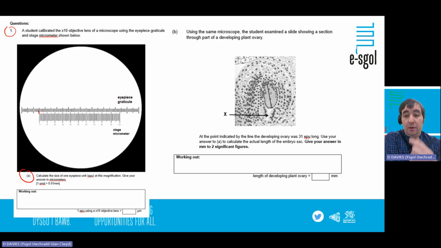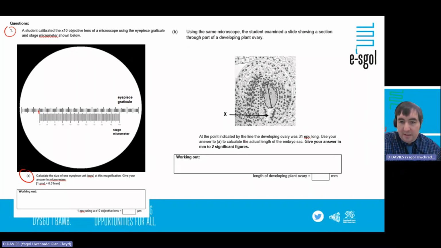You can stop the video if you haven't finished working out, that's fine. This second part, part B, is how you are going to use that value you've calculated to work out the actual length of something. Using the same microscope, a student examined a slide cross-section of a developing plant ovary.